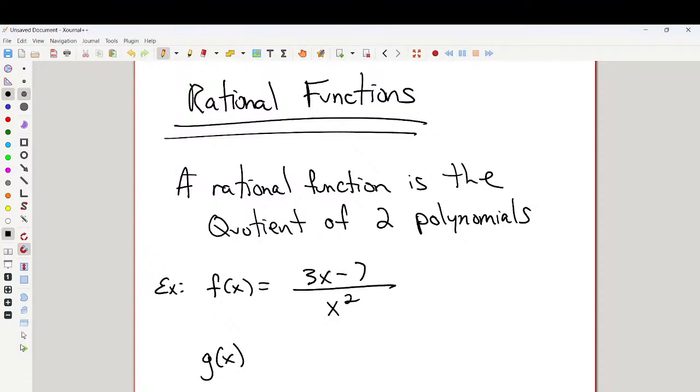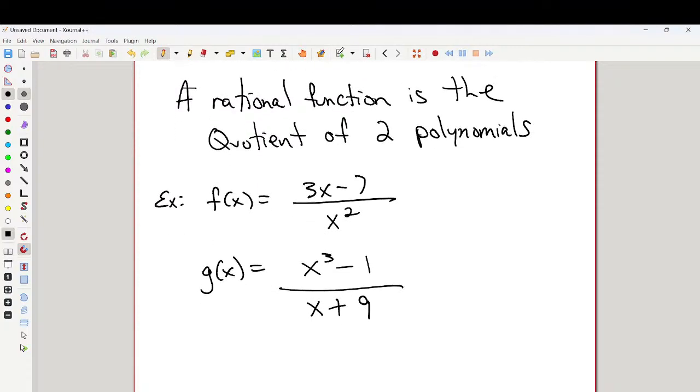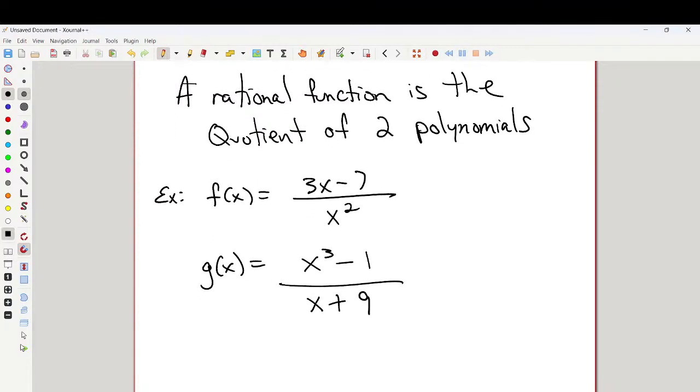Here's another rational function, x cubed minus 1 on top of x plus 9. This is a cubic on top of a linear. This is not rational.